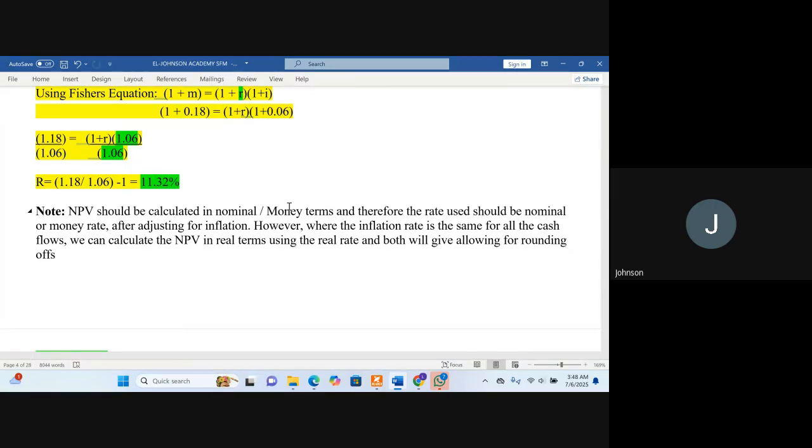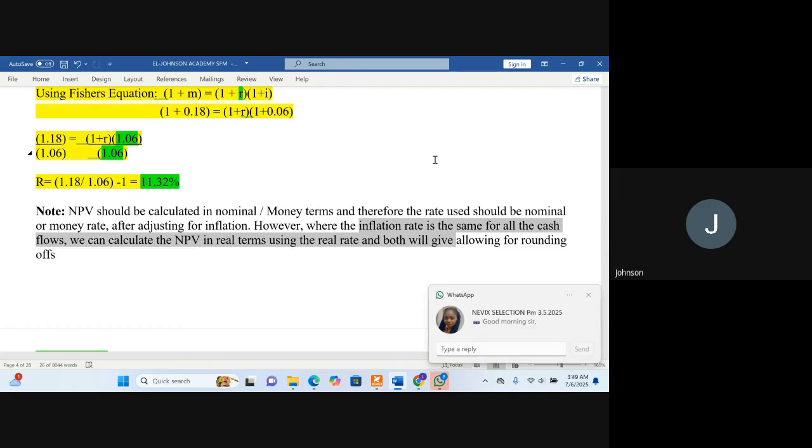They now say, however, if the inflation rate is the same for all the cash flows that you have, probably the cash flows you have transportation, 5,000, the inflation rate that will affect the cash flow is the same kind all through.